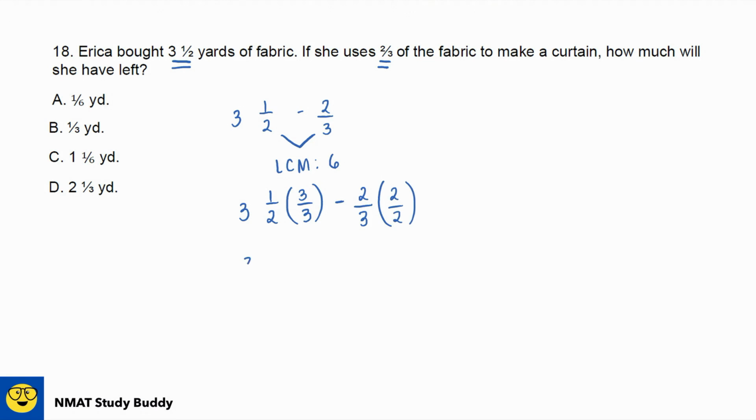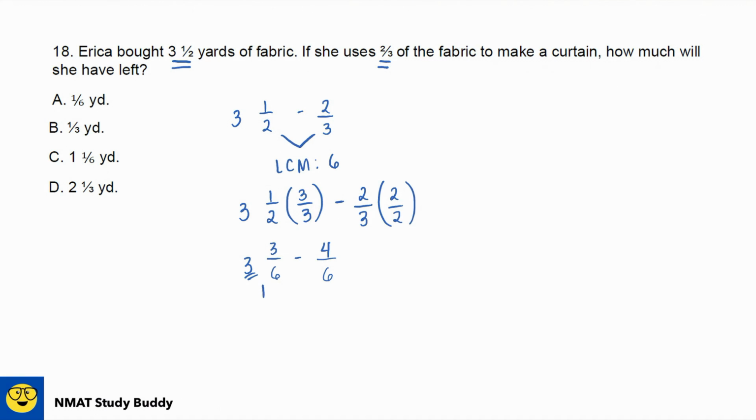So, we will have 3 over 6 minus 4 over 6. And as you can see here, 3 over 6 is smaller compared to 4 over 6. So, you will get a negative. That is not allowed. As you can see, there is still a whole number here. So, what we can do is borrow 1 from 3.